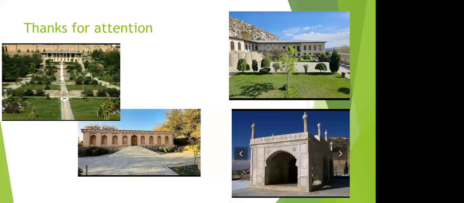So the restoration took place in different stages, and the material issue was one of the points. For the fountains and the water channels, marble was needed.